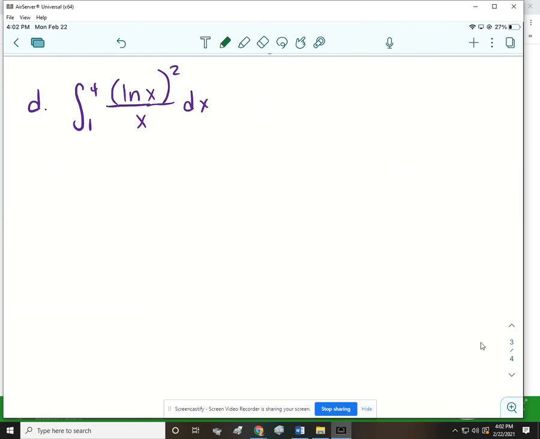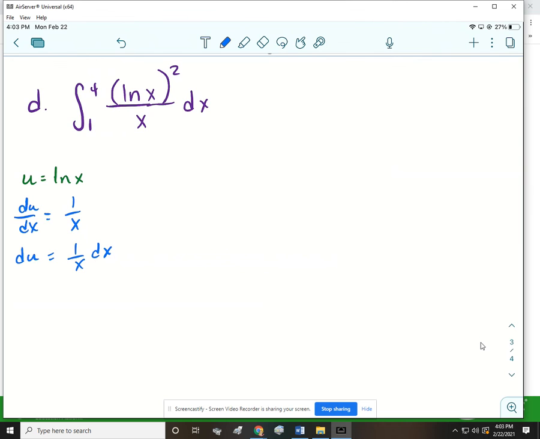So think about it for a second. The inside function in this case is actually going to be the natural log of x. And the derivative of the natural log of x is 1 over x. So du is 1 over x dx.